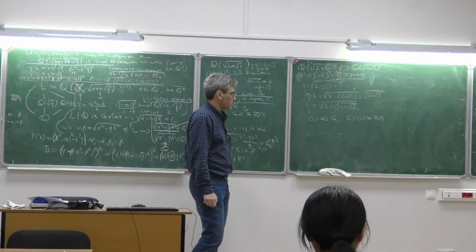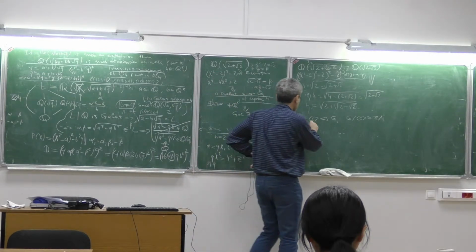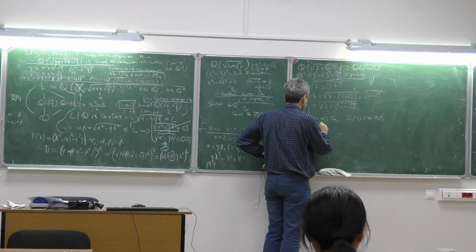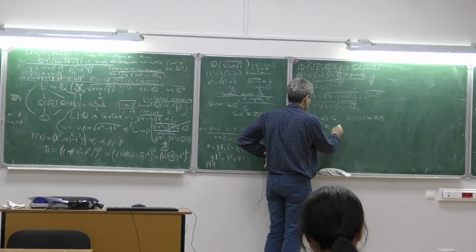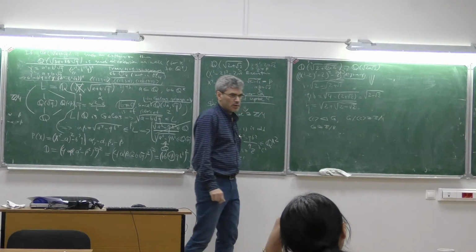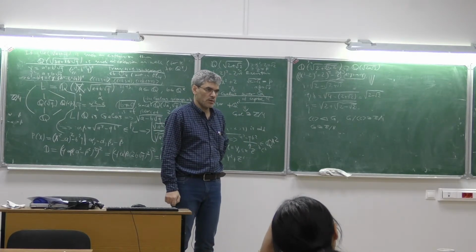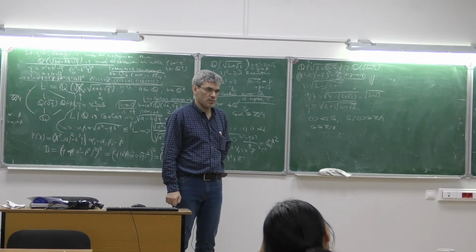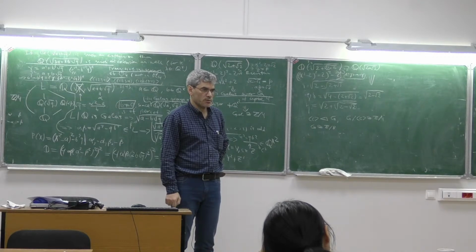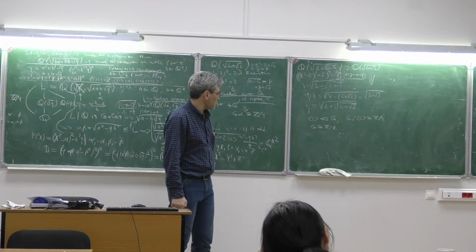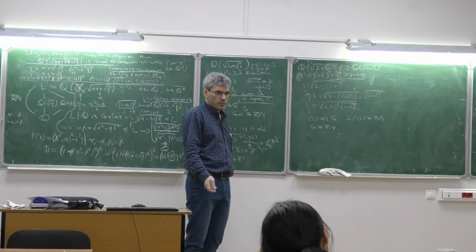This means that either G is, of course, it may be cyclic. And what else? If it is not cyclic, then, as you say, it should be a semi-direct product or just a direct product.